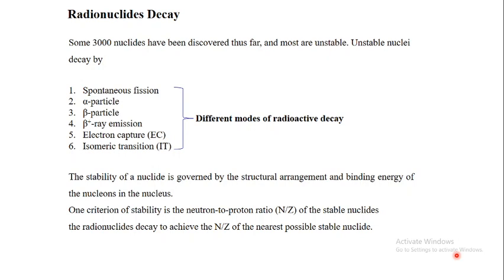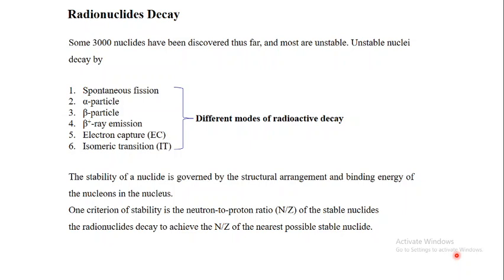In the previous lecture, we studied how many nuclides have been discovered up till now, how many nuclides are stable and unstable, what type of parameters and factors actually govern the nucleus and destabilize the nuclide, and what kind of processes are responsible to stabilize the nucleus.